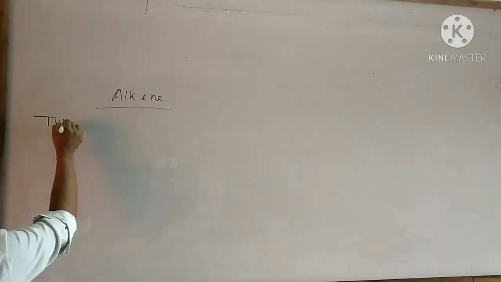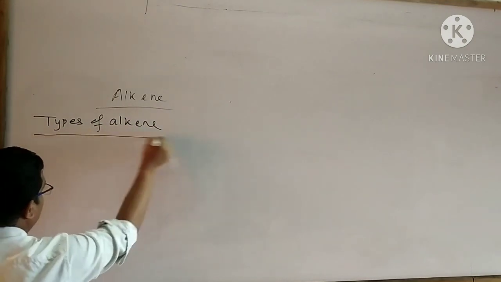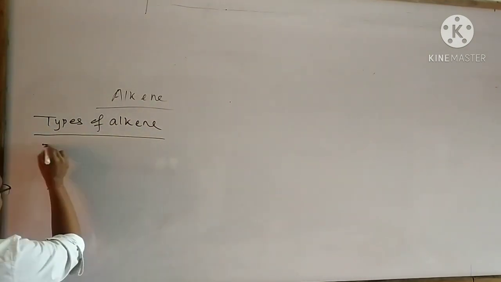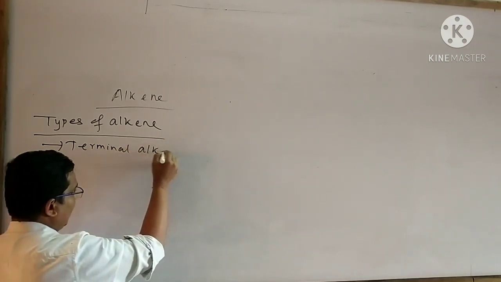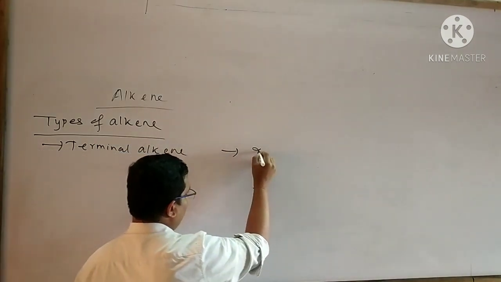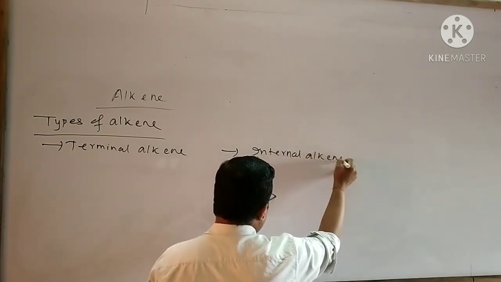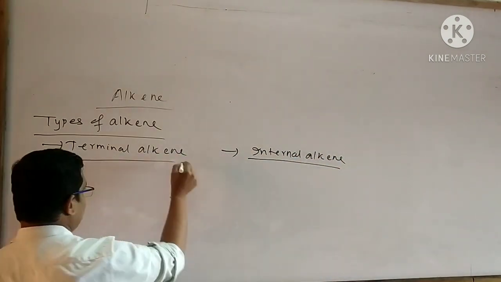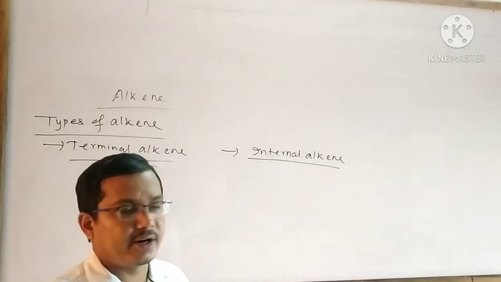Next I will explain the types of alkene. Alkenes are classified into two types. One is the terminal alkene. The second is the internal alkene. In a terminal alkene, the double bond is present at one of the terminal carbon atoms.